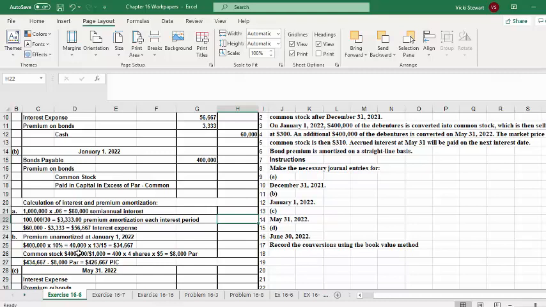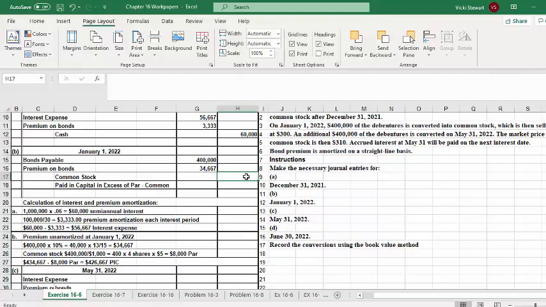So the remaining premium would be 13 of the 15 years because we would have amortized 2 full years. So 40,000 times 13 divided by 15 would give us the remaining or unamortized premium that we would need to debit for $34,667 because we're removing those bonds.